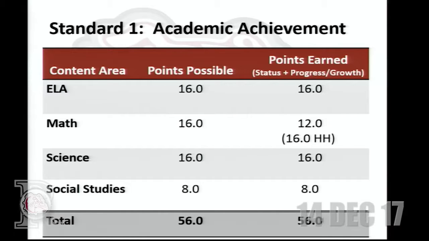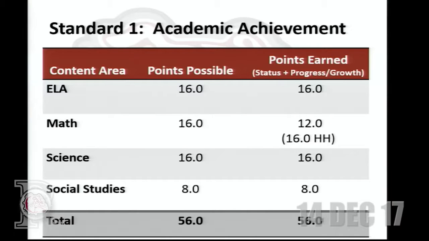So the hold harmless means even if your performance doesn't reflect what it did, there may be a reason for that, and so there's a little bit of a protection clause in here. So we did receive 4 additional points based on a hold harmless provision because of the problems with assessment. So in the official score category, that will be a 16.